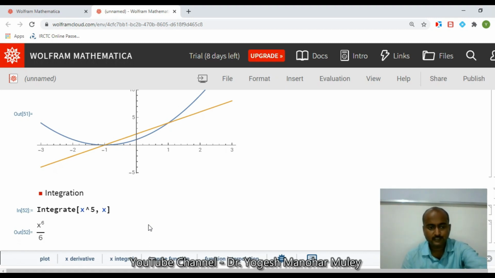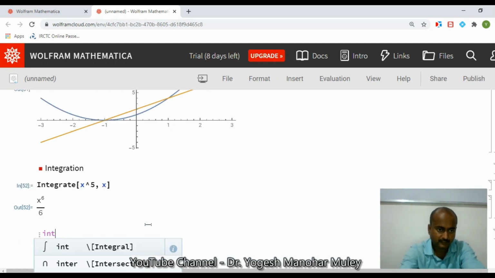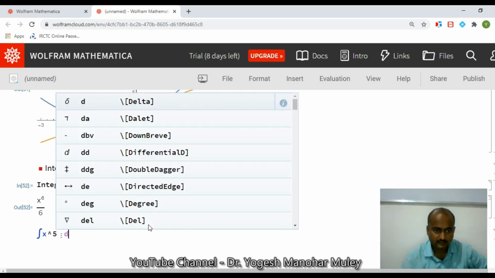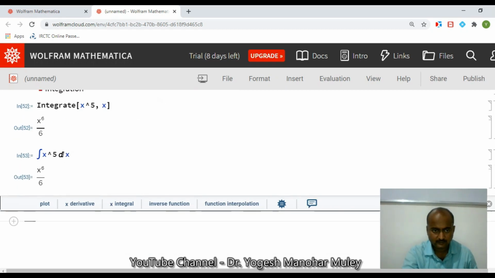Instead of this we can use the symbol. For that we need to press the escape button, int, escape, then integration, then x raised to 5, then again space, escape, d, escape. This will give the differential dx, then shift enter. This will give the integration.